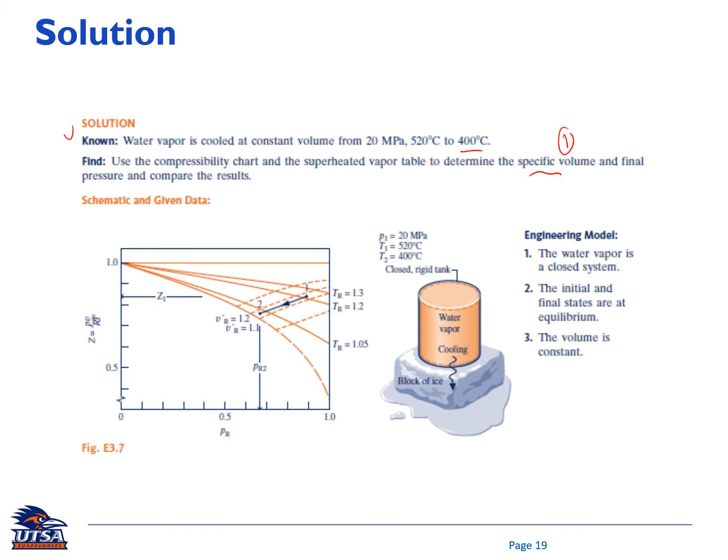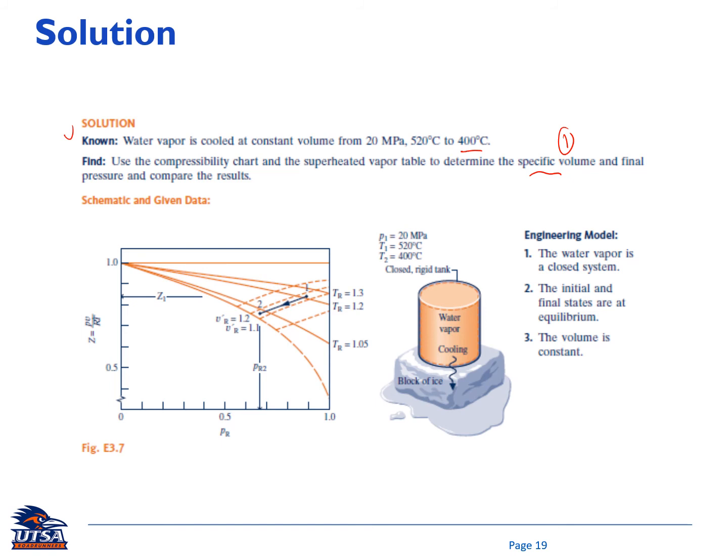Okay, the next step is the solution. First I have a schematic here. The water vapor is cooled. To represent the cooling of this water vapor, we put an ice block at the bottom of the system.